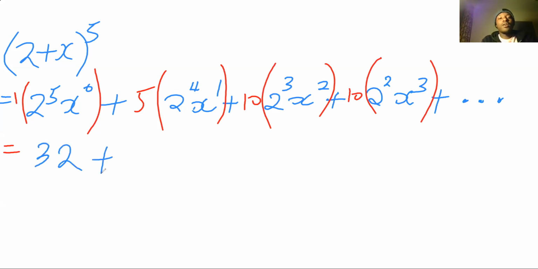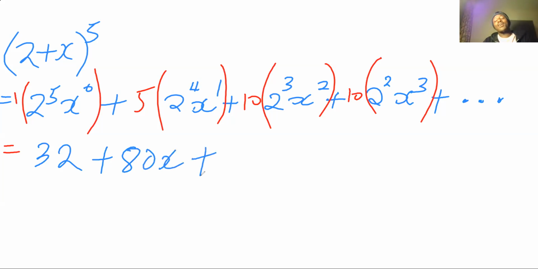Plus 5 times 2 to power 4, which is 16, x to power 1 is x. 16 times 5, that one I have to go to my calculator. Sorry, I'm an engineer, but we must remind each other. So it's 80x.